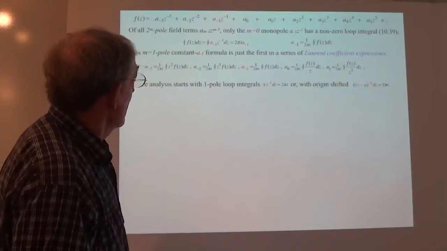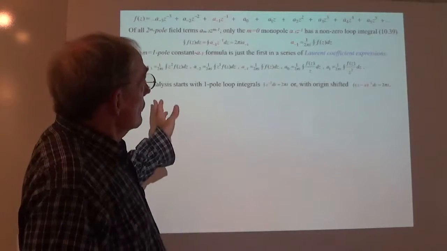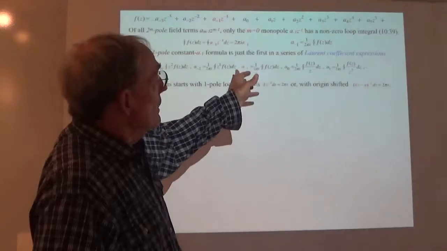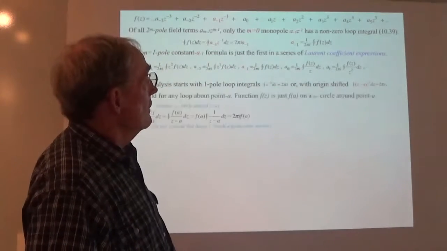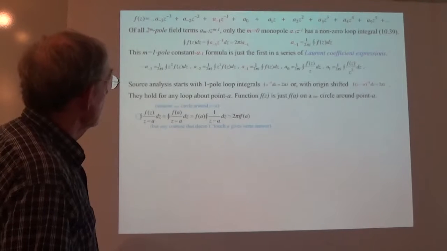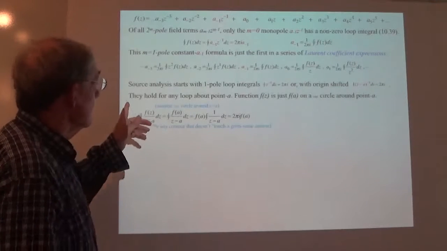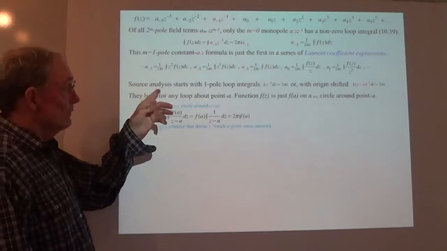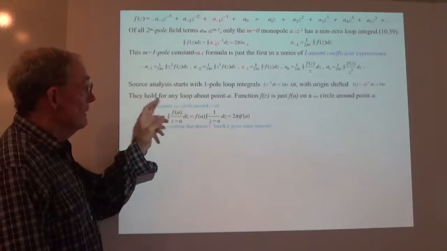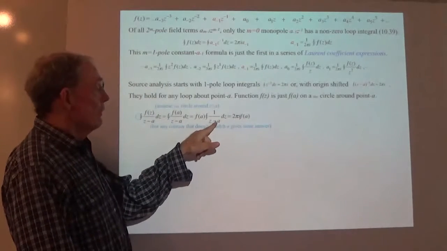So as I say, this is a source analysis where we're counting all of the monopoles at once as a description of a function. So the idea is that these loop integrals, they hold for any loop about a particular origin.